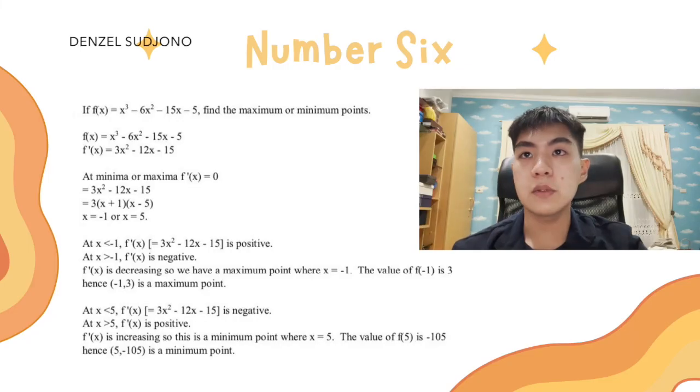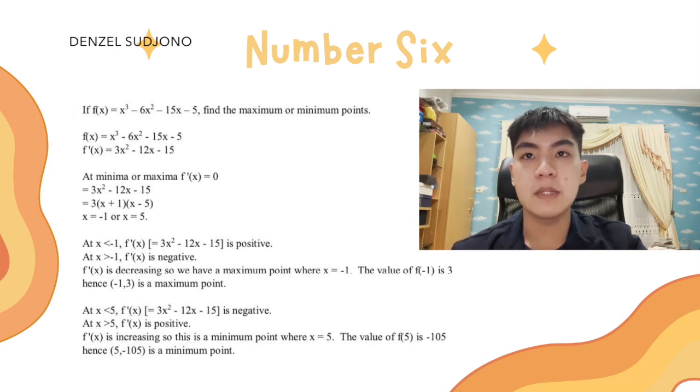The last number, the question is, if f(x) equals x to the power of 3 minus 6x to the power of 2 minus 15x minus 5, find the maximum or minimum points. The first derivative will be 3x to the power of 2 minus 12x minus 15.